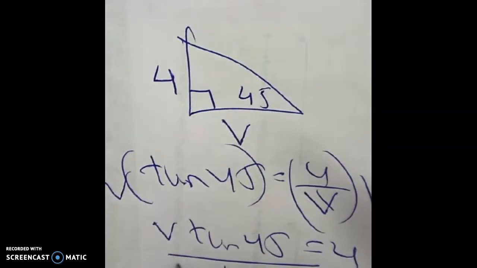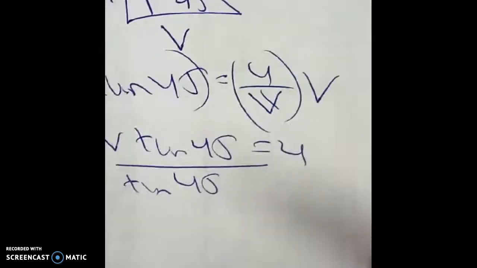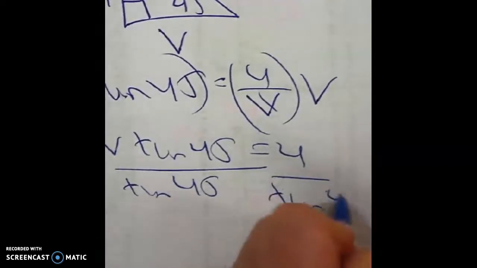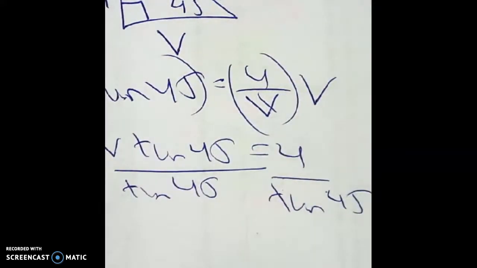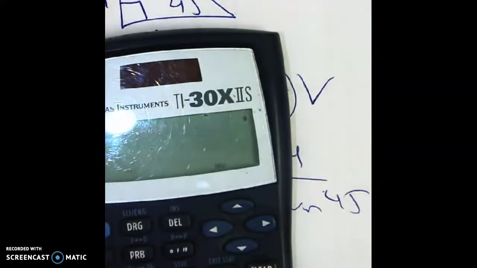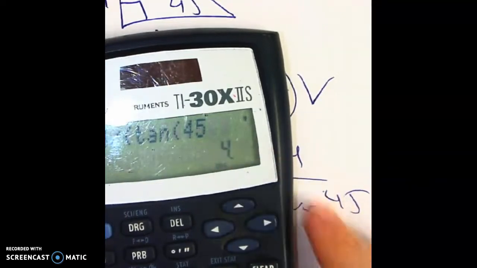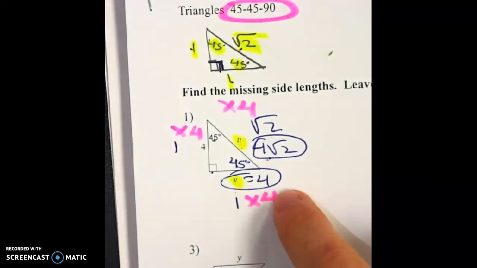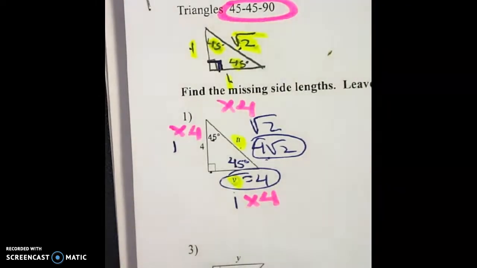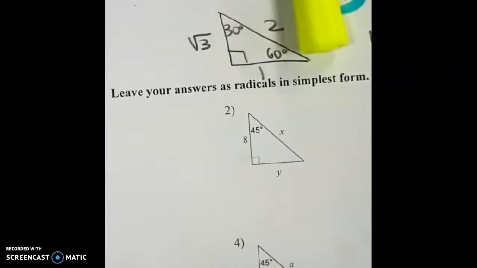Divide by tan 45. And I'm going to pick up my calculator to show you that you still can go this long way. I don't know why you would, but you can. So 4 divided by tan 45, and it should be 4. Perfect. And if you look, that's what I got. All right? So if you want to do it the long way, have fun. But if you want to do the ratio, so much better.